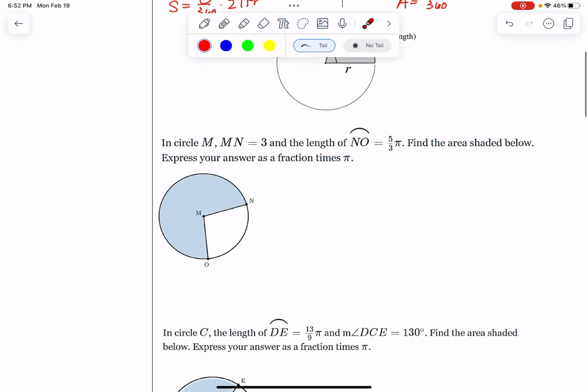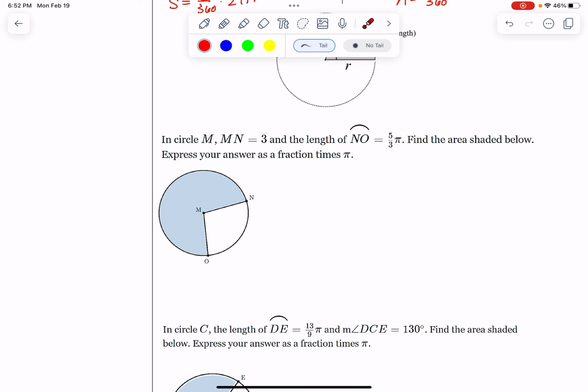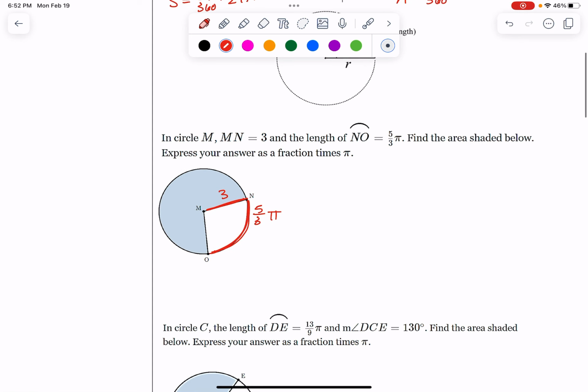So in the circle that we're given, circle M, remember that circles are named for their centers. MN, the radius, is 3. And the length of NO, so this piece out here, is 5 over 3 pi. That's the arc length.